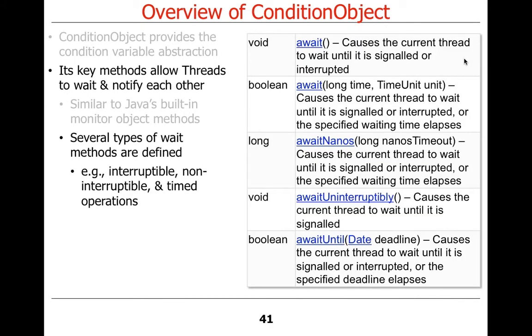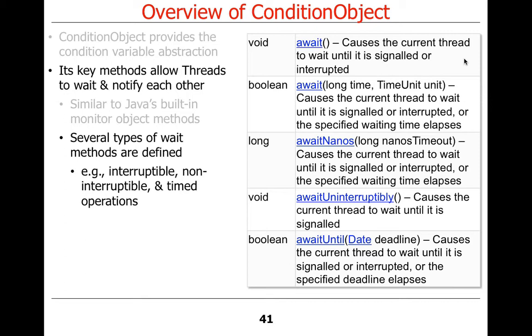There's a bunch of different kinds of wait methods defined. So here's one that will wait until the current thread is signaled or interrupted. Then there's also this one called awaitUninterruptibly. Remember how I told you that there was a little confusion going on when they did this stuff? So ReentrantLock has lock and lockInterruptibly.